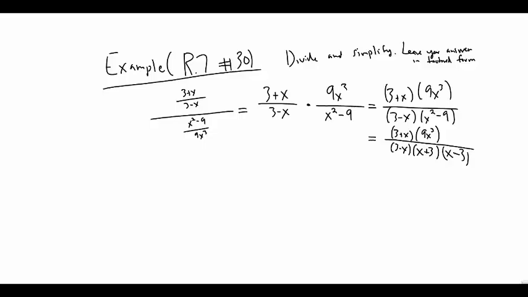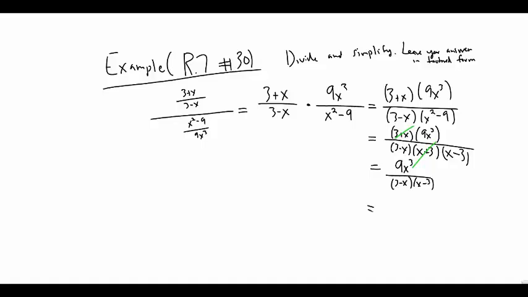And we see, yes, we do have common factors. The x plus 3 or the 3 plus x, same as x plus 3. They cancel, and we're left with 9x squared over 3 minus x times x minus 3.